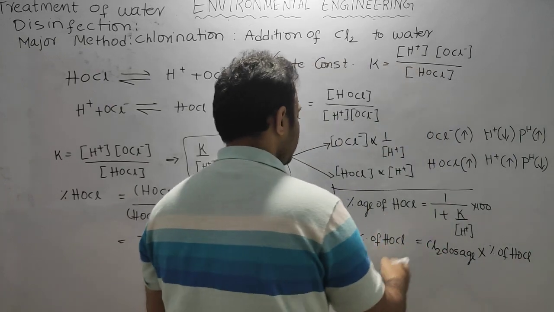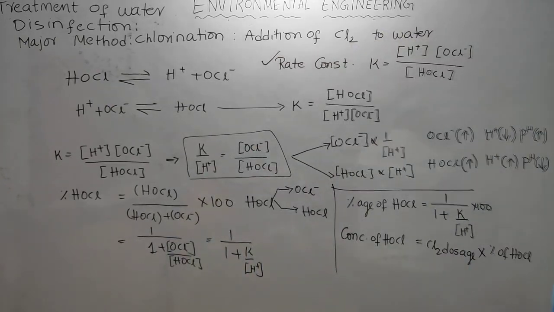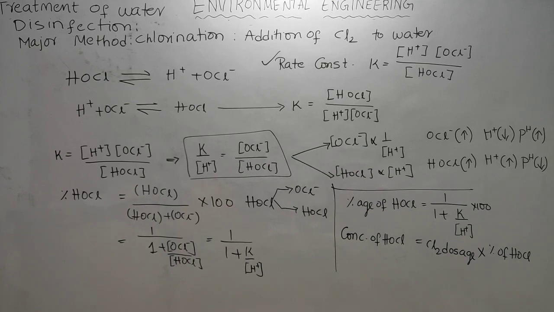This is the concentration of HOCl. So what is the total amount of HOCl that is generated? It is the dosage of chlorine you have added, and in that dosage how much of the chlorine is converted into HOCl. That is nothing but the concentration of HOCl.